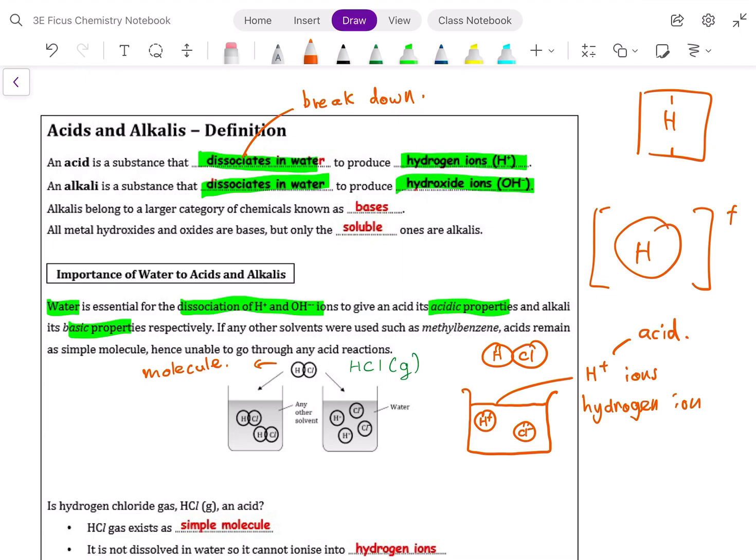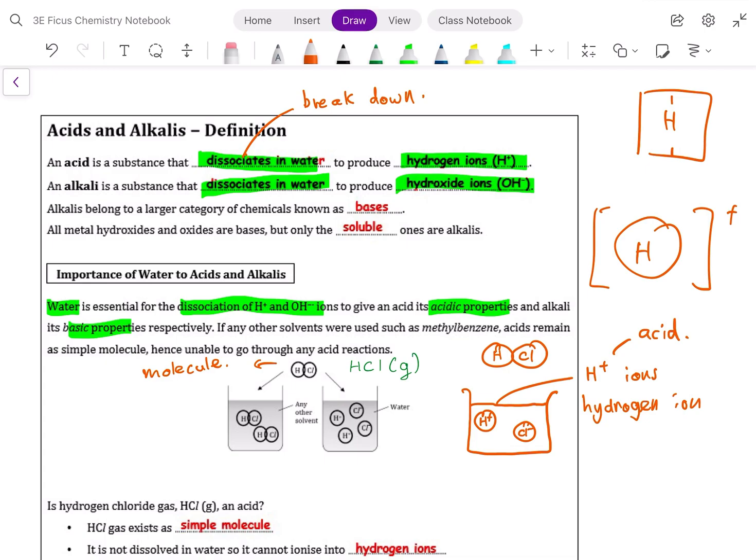Once you dissolve this HCl gas inside water, you actually get H+ ions, your hydrogen ions. That's when it becomes an acid. It must have H+, then I can call it an acid. That's why the cation of an acid is always H+.